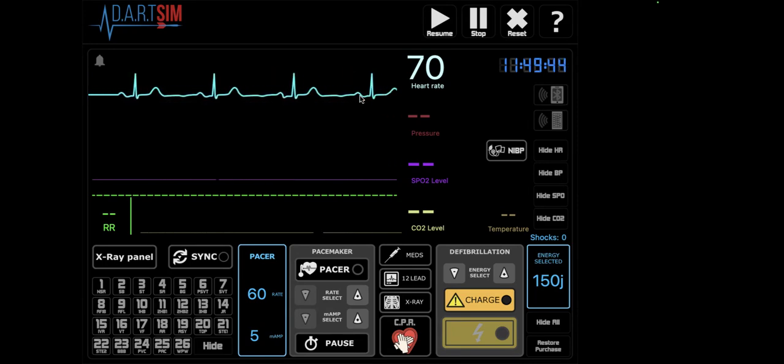And when we look at the QRS, it's quite slim, so we know that the conduction has gone through the AV node and down the bundle branches and terminated at the Purkinje fibers. Then we see the T wave. The QT interval, if I were to measure it, would be less than or equal to 0.44 seconds, and everything looks very normal.